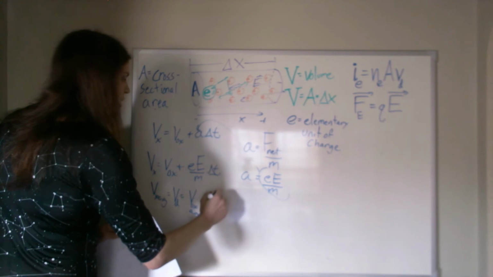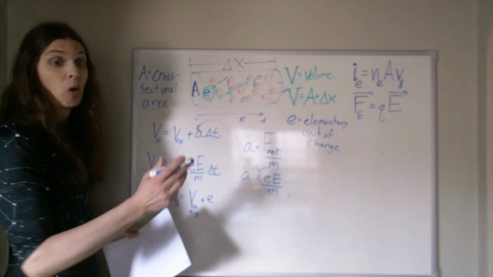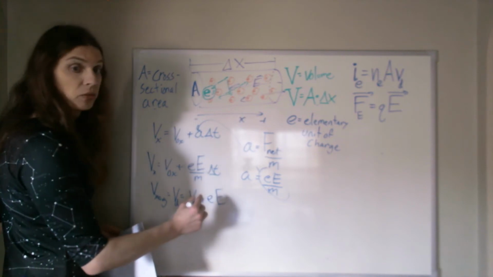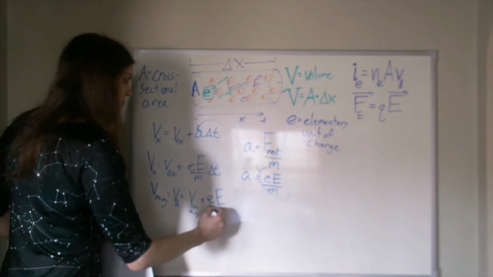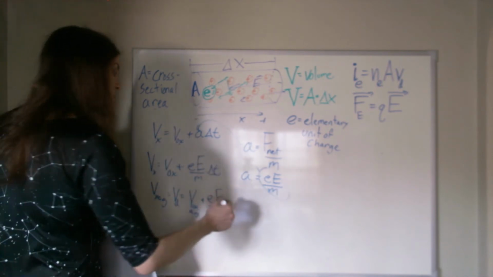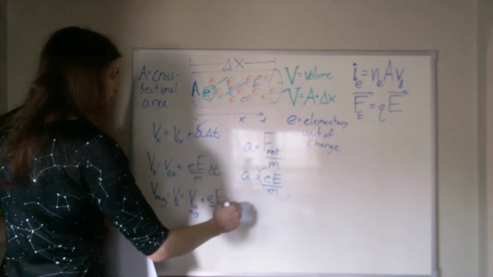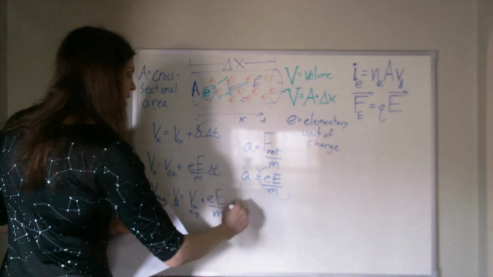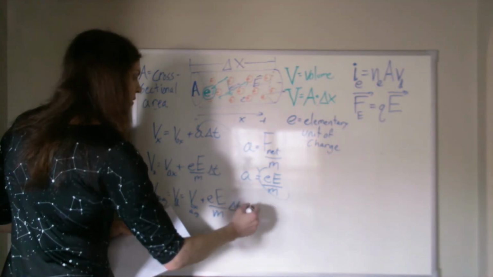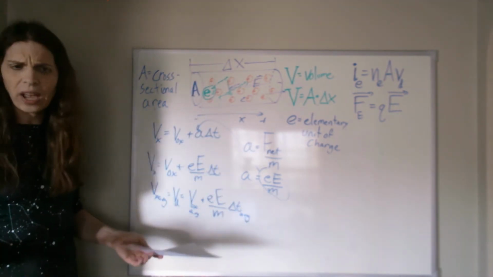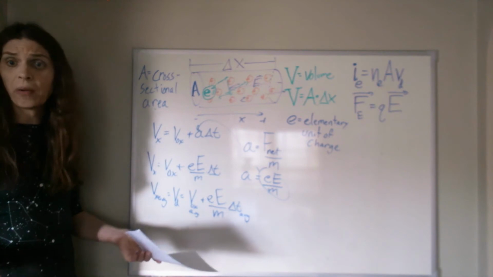Well, the electron charge is always the same. Our electric field is uniform. The mass of our electrons remains the same. And so what we're really looking at is our average time for which they're accelerating. What is this average time when they get to accelerate?